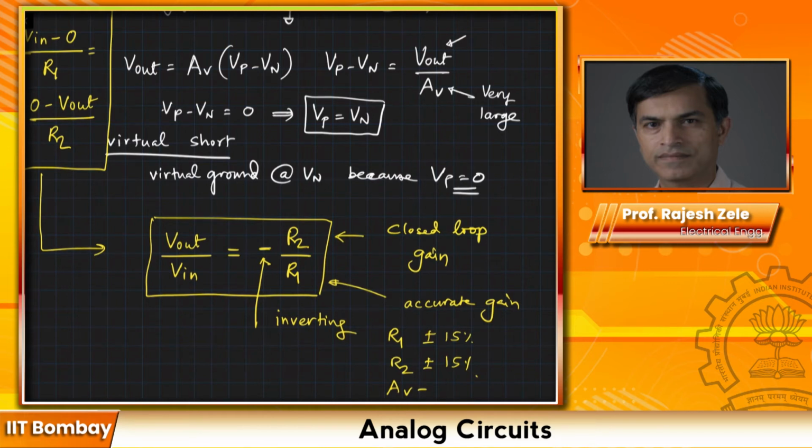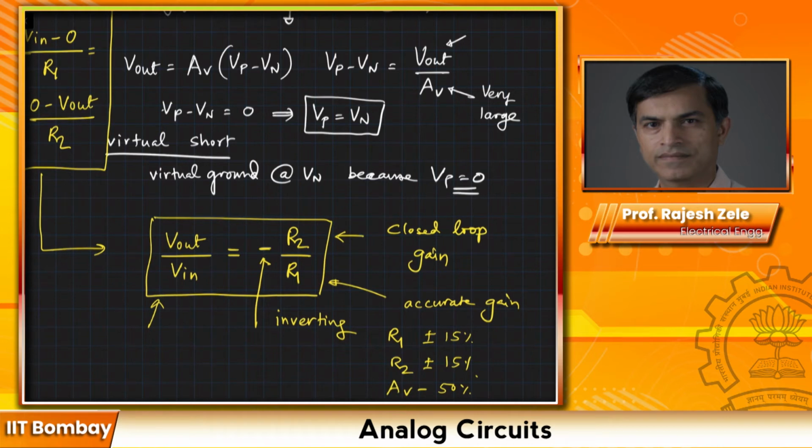I mean, it can vary 50% or whatever. It doesn't make a dent in our equation, as long as AV is large. That's the reason the operational amplifier is very popular, because I can get accurate gain even though the amplifier by itself does not have accurate gain, as long as AV is large.